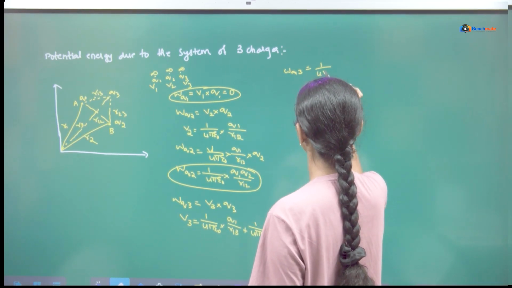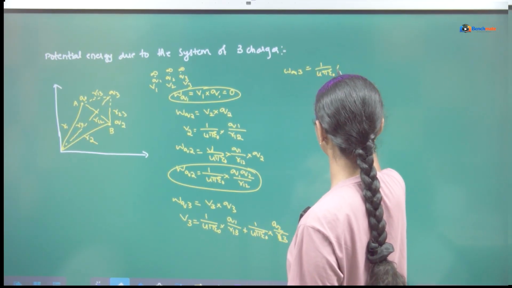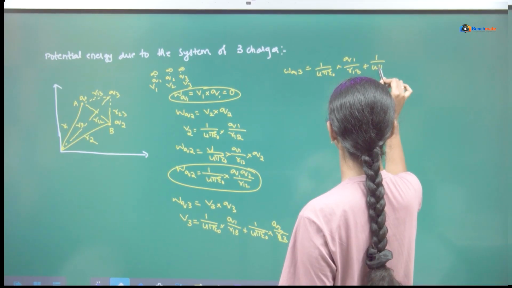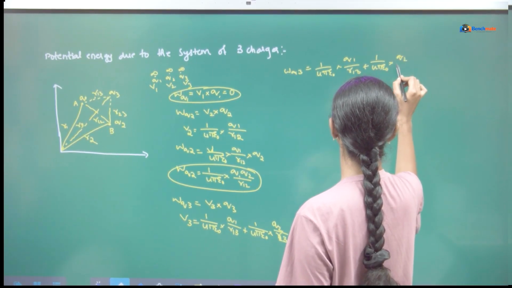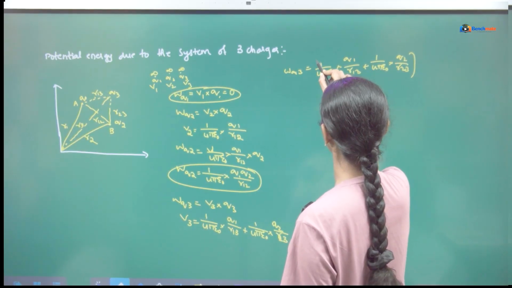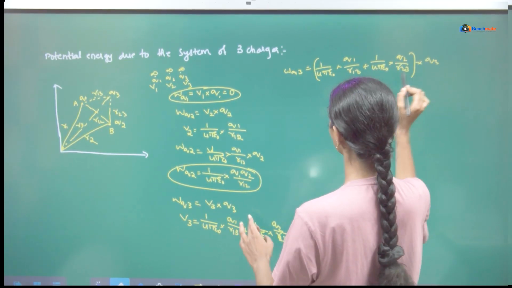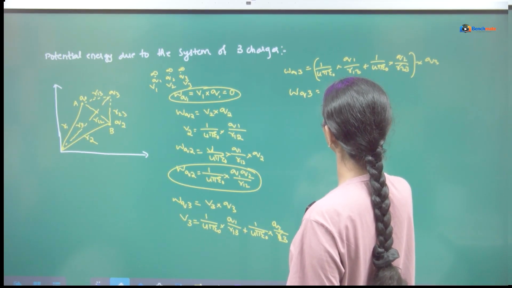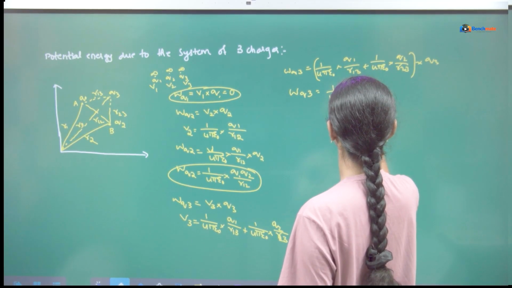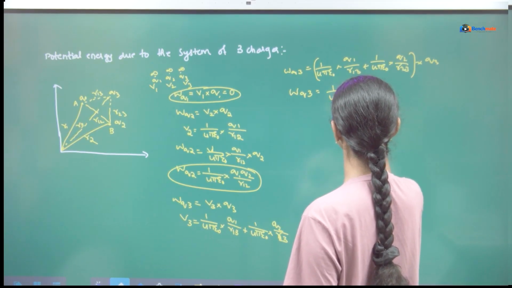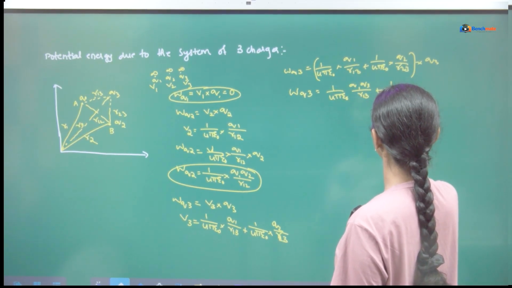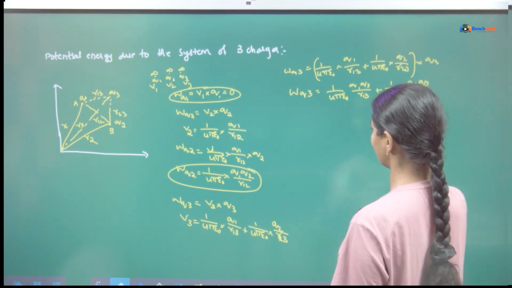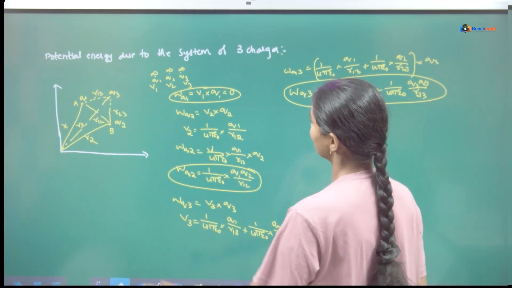That is 1 by 4 pi epsilon naught into Q1 by R13 plus 1 by 4 pi epsilon naught into Q2 by R23, into Q3. Now work done by the Q3 charge is 1 by 4 pi epsilon naught Q1 Q3 by R13 plus 1 by 4 pi epsilon naught Q2 Q3 by R23. Okay. Now potential energy.